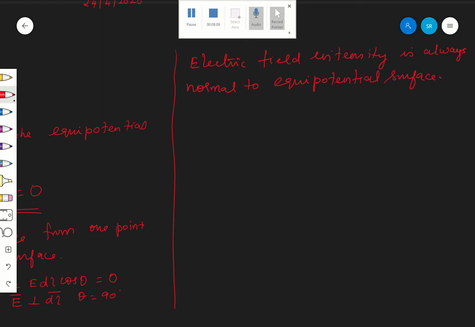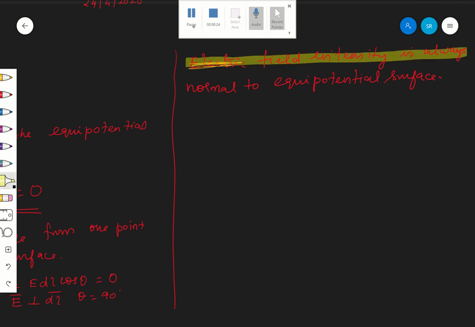Electric field intensity is always normal to the equipotential surface. Very, very important point. Are you following? So, this is electric field intensity.